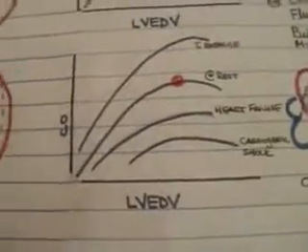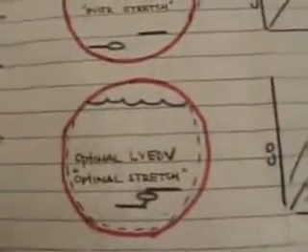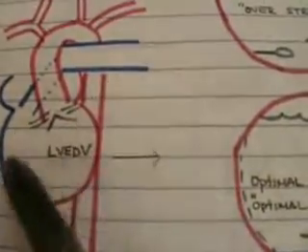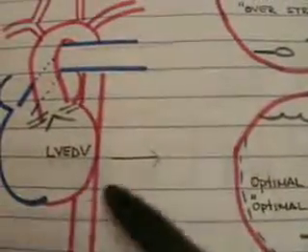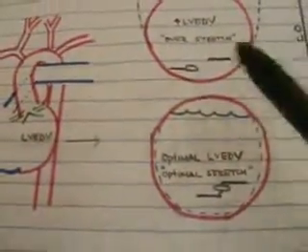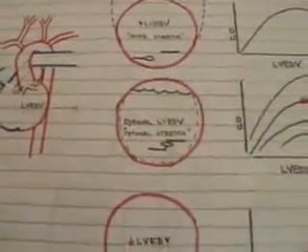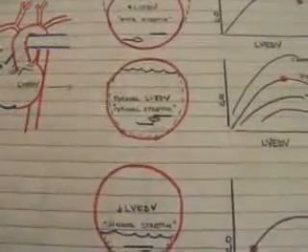So now if we were to focus on preload, we can say that preload is the left ventricular end diastolic volume. Now if we just focus on the left ventricle and show three clinical correlations, looking at the same patient but three clinical differences.